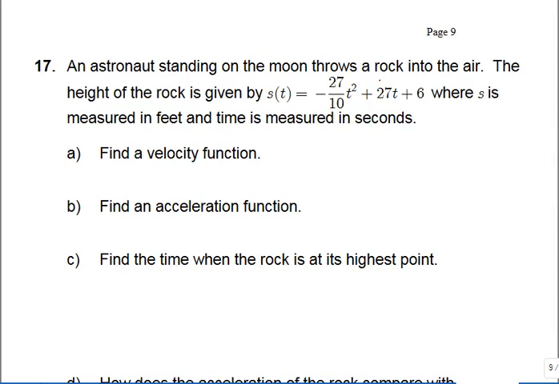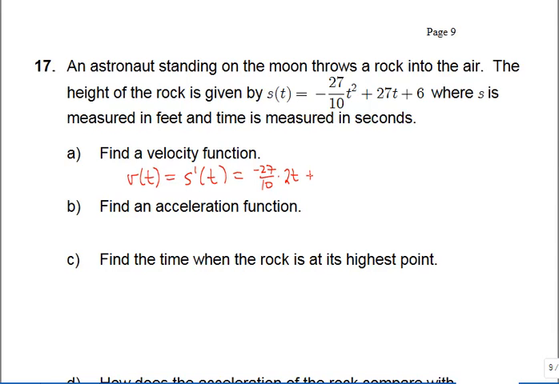So part A, find a velocity function. What you need to recognize is that velocity is one derivative of position. So I need to take one derivative of this. If I take the derivative of negative 27 tenths t squared, the negative 27 tenths is going to stay there, and when I take the derivative of t squared, that becomes a 2t.